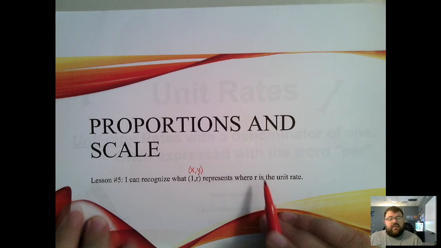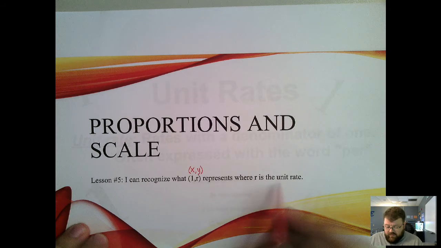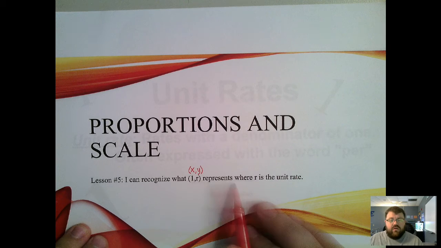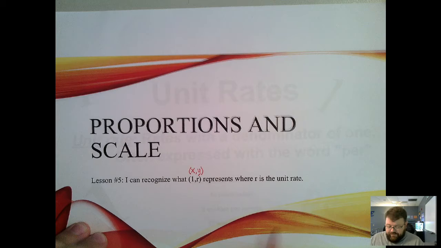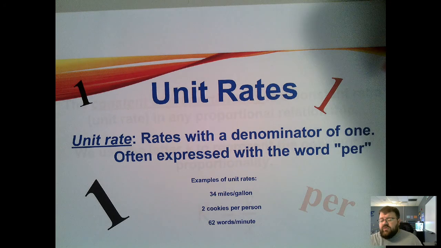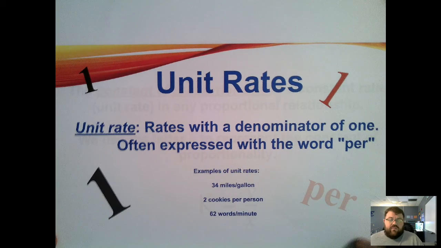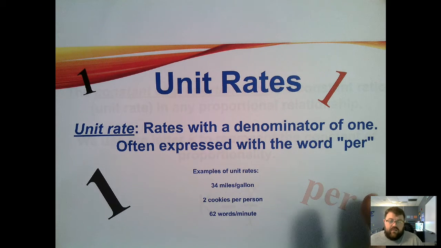Now, in your learning target, we use the term unit rate. So recognizing what 1R is, where R is the unit rate. Unit rate we talked about, and we should have hopefully remembered that the number you associate with that is 1. It's often expressed by the word per, like miles per gallon, students per teacher.